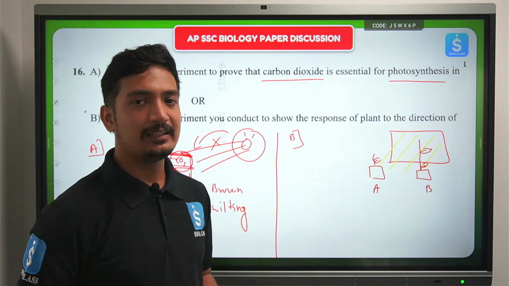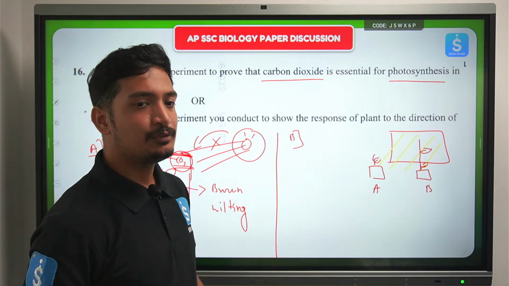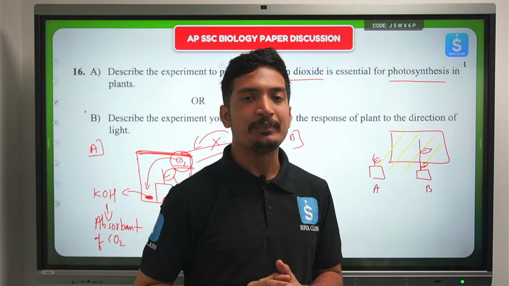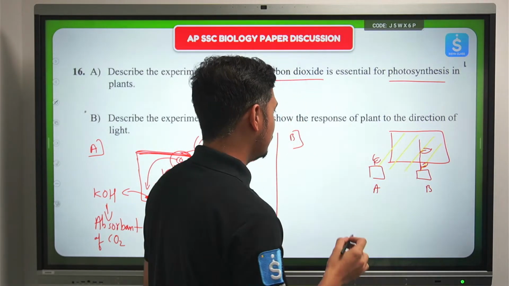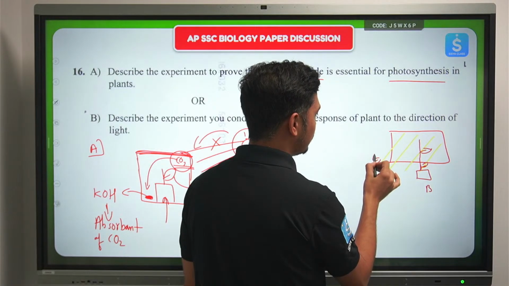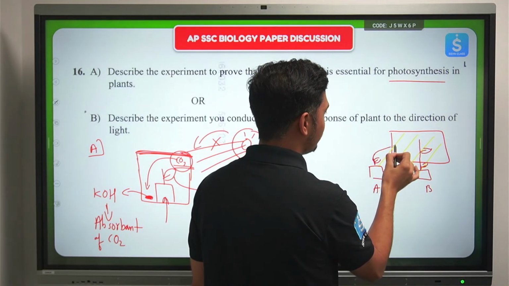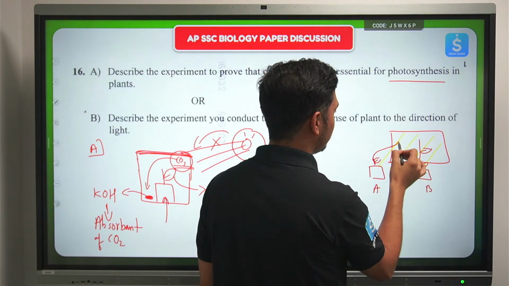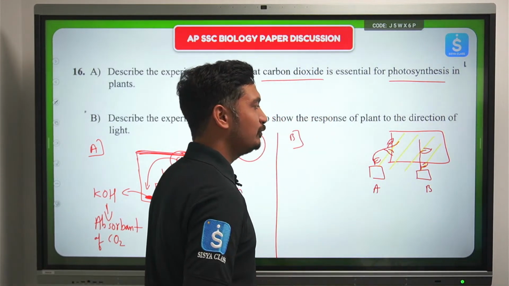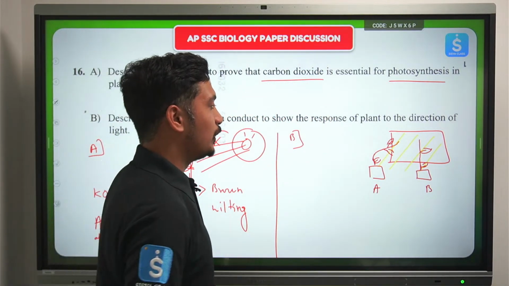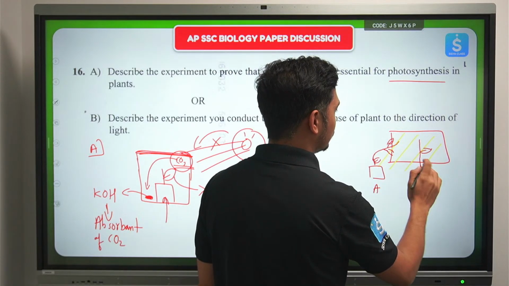The presence of sunlight is considered as a stimulus, and therefore due to phototropism the plant will grow towards the light, and therefore this plant will bend, and after bending it will move towards a place where the amount of sunlight is more, so that photosynthesis can happen. Now why didn't this plant bend?